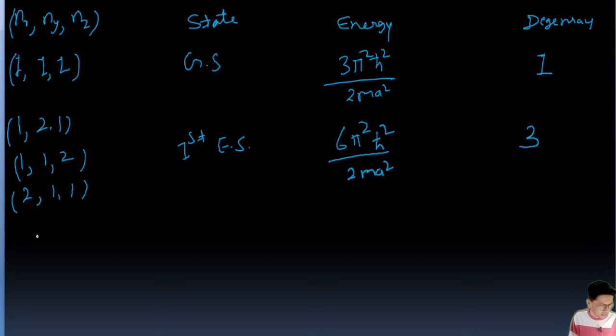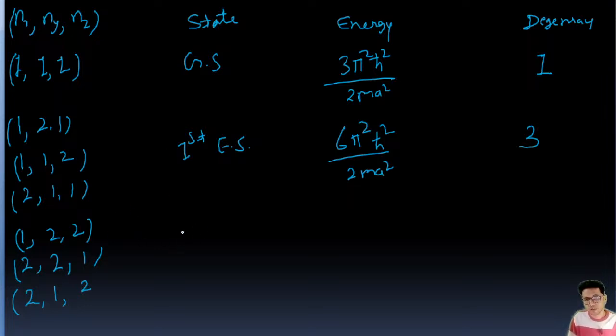Now for the second excited state, we'll take (1, 2, 2), or (2, 1, 2), and (2, 2, 1), right.